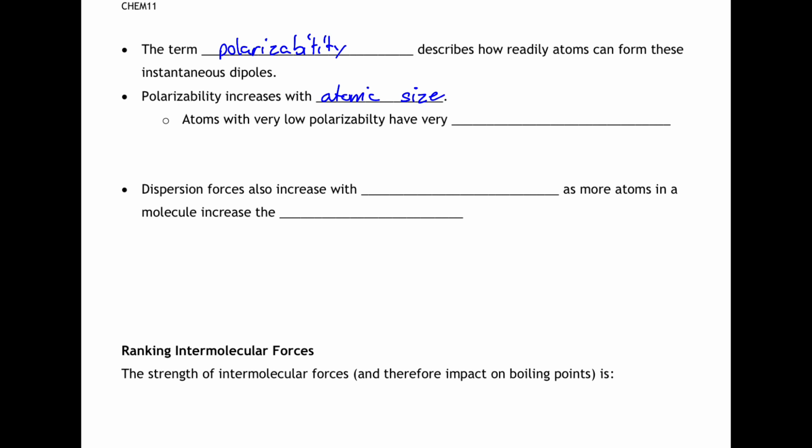And so atoms with really very low polarizability, atoms that don't shift very well, have extremely low boiling points. Basically, they're nearly impossible to condense. So I have some examples here.